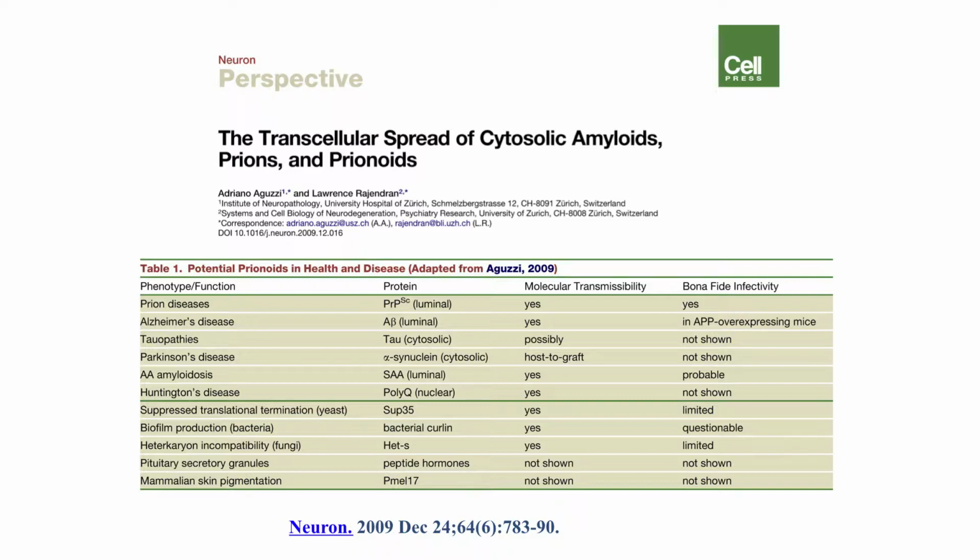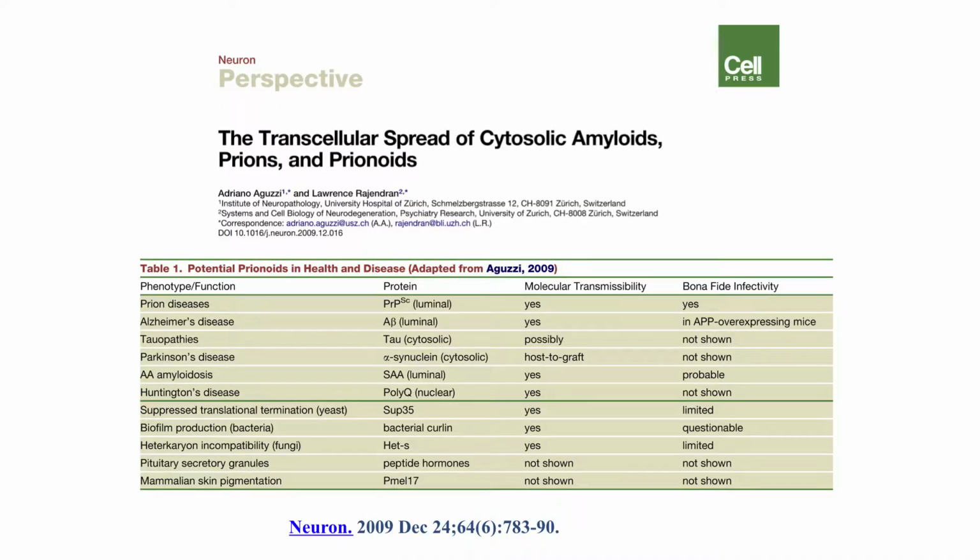Now, those of you who've heard about prions know that prions have this peculiar property of being able to infect cells. Examples of prion diseases are mad cow disease, Creutzfeldt-Jakob disease, and others like Kuru that were transmitted by actually eating infected meat from people that had prions, or in the case of mad cow disease, animal meat that had been infected with these prions.